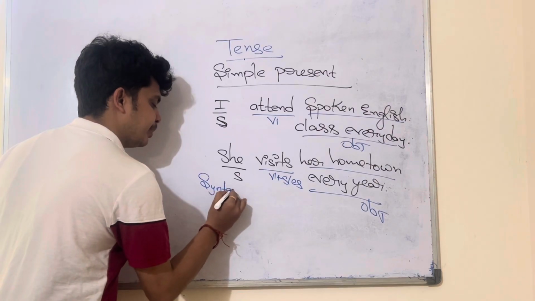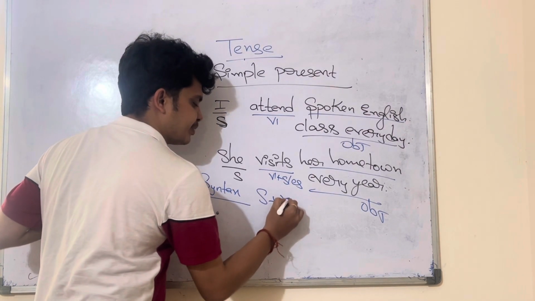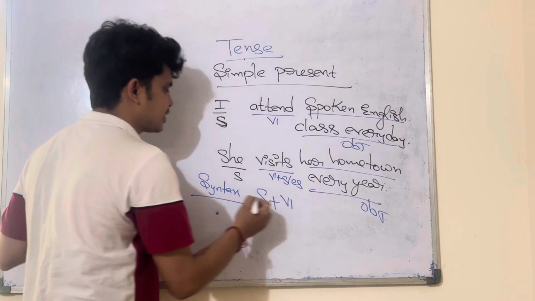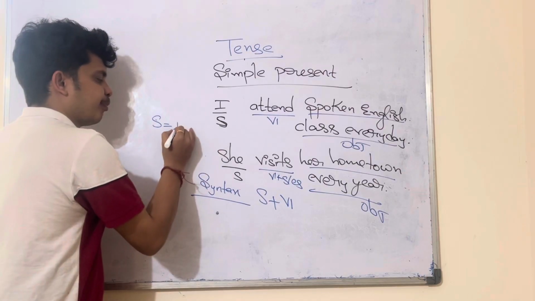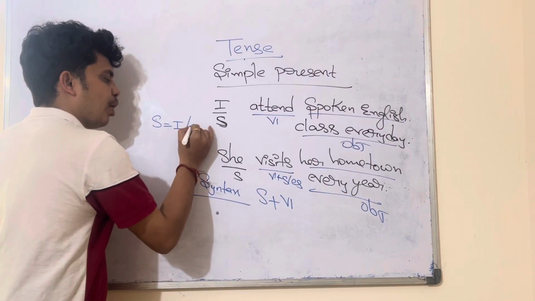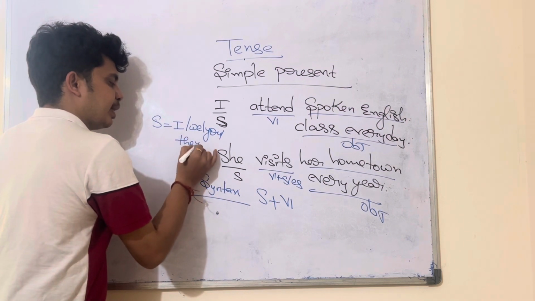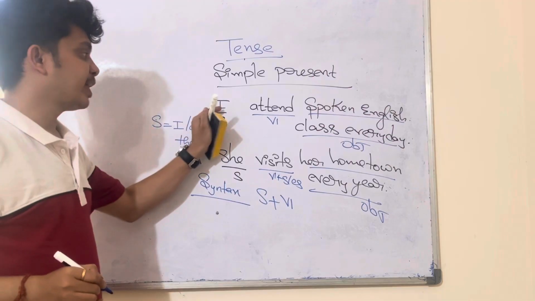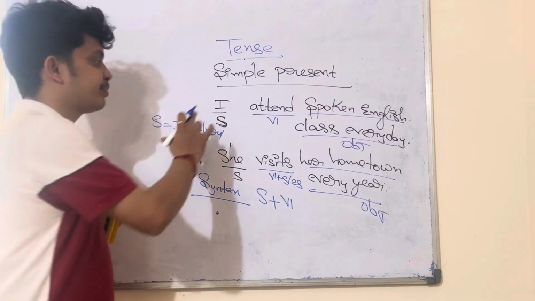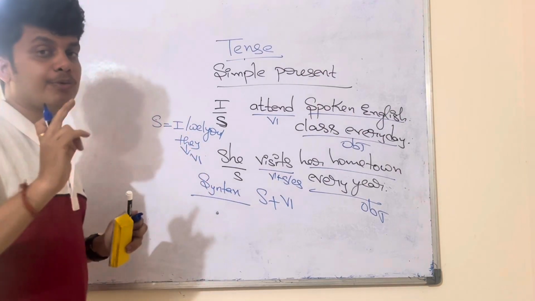That is subject plus v1. One very important thing: if my subject is I, we, you or they, then you have to use v1. I repeat once again, if my sentence starts with I, we, you or they, then you have to use v1.